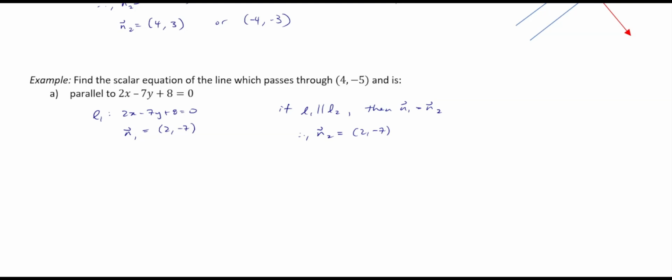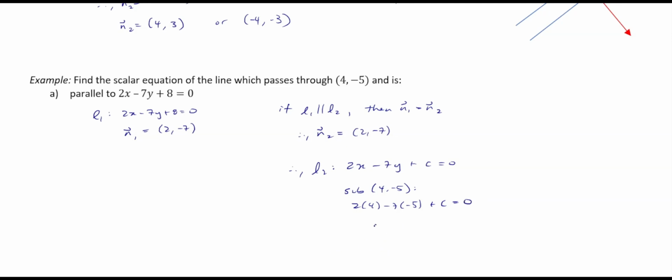So what I can do right there is I can say, well, therefore then, line 2 is equal to 2x minus 7y plus c is equal to 0, and then I'll sub the point that's given, (4, -5). So 2 times 4 minus 7 times -5 plus c is equal to 0.